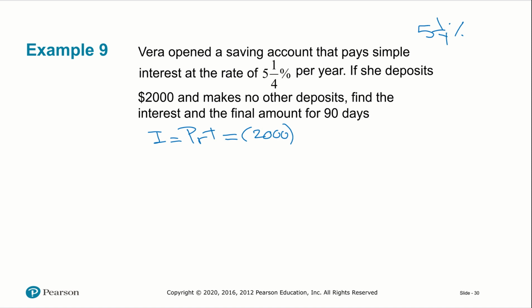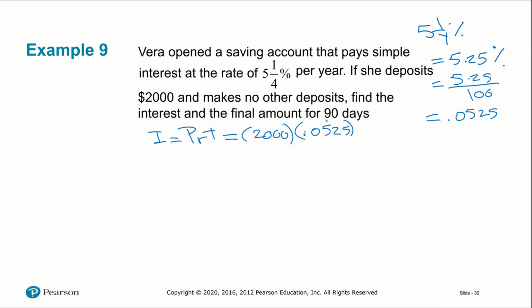So that's 5.25%, and if you convert it to a decimal, that's 5.25 over 100, right? Which means move the decimal 2 to the left. So 0.0525 is what you would want to type in here, which is of course exactly the same as 5.25%.